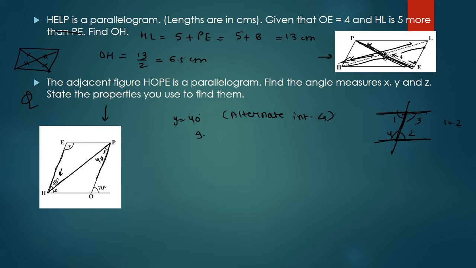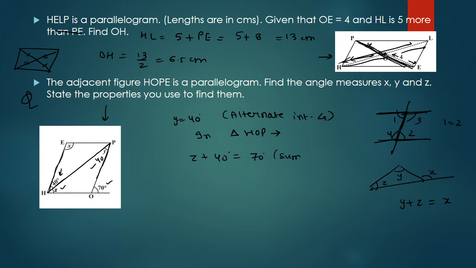In triangle HOP, if you remember this property, the sum of opposite interior angles is equal to the exterior one, right? So Z plus 40 is equal to 70.